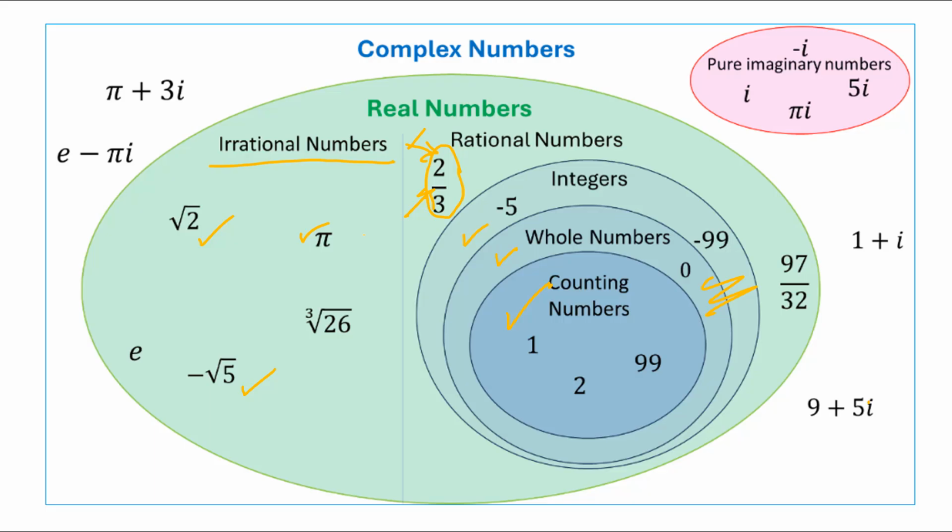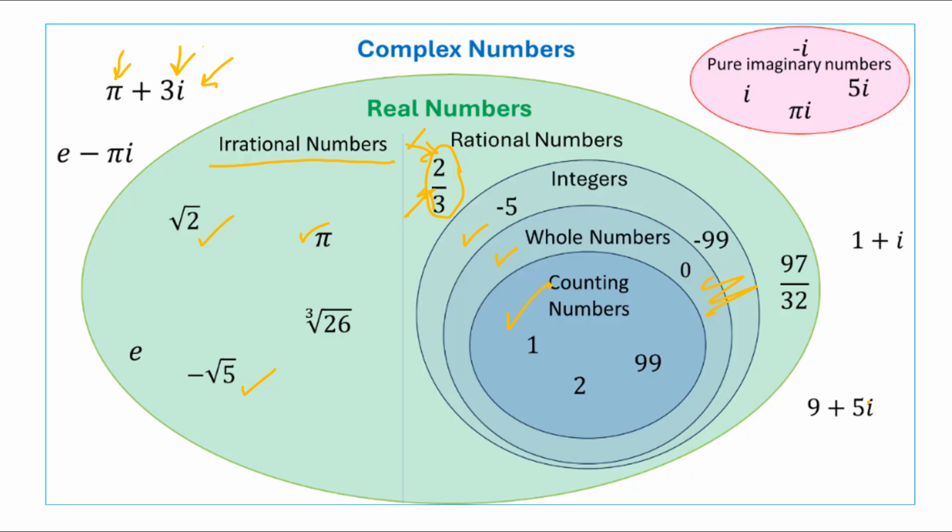All right, and now we have added this set of complex numbers. We have the imaginary numbers, which are a part of the complex numbers. Those are the numbers that just have an imaginary part: negative i, pi times i. And then we have the numbers that have a real part and an imaginary part.